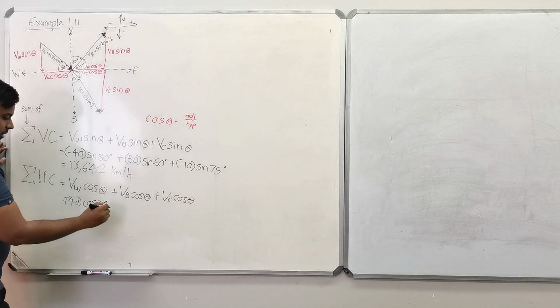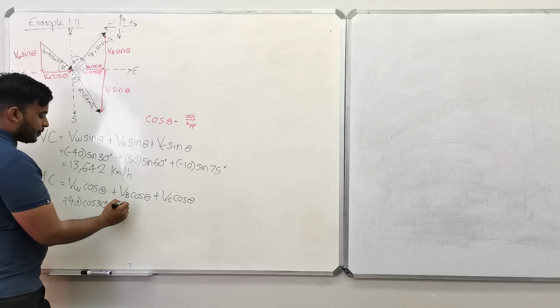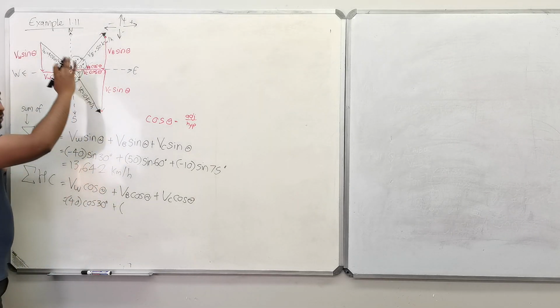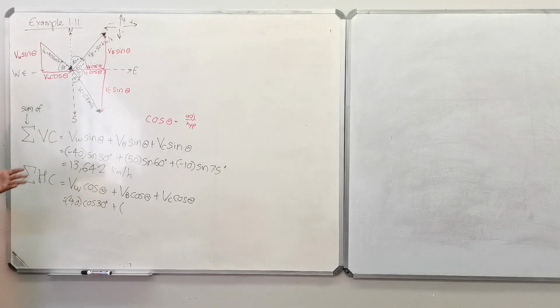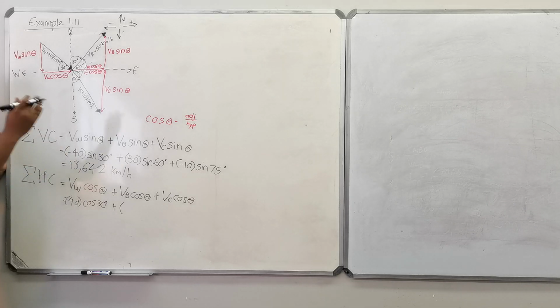Plus velocity of the boat. Its horizontal component is also positive. So for all of them, the horizontal components are moving in a positive direction. So all these magnitude values will be positive.